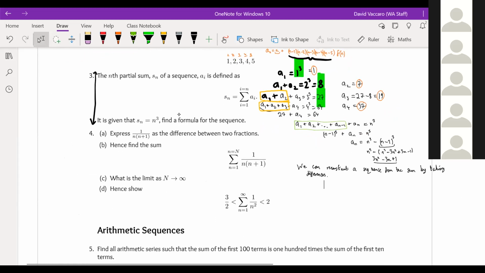Okay, so question number 4. Part A says express 1 over n plus 1 as the difference between two fractions.